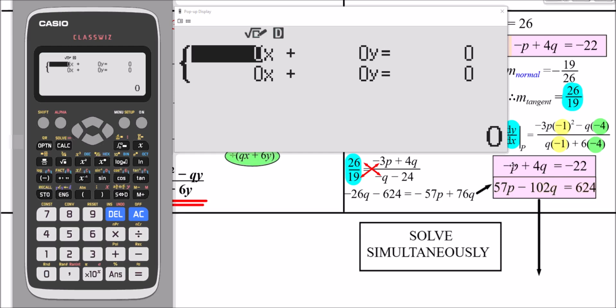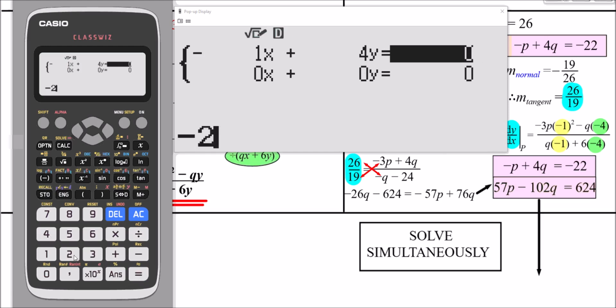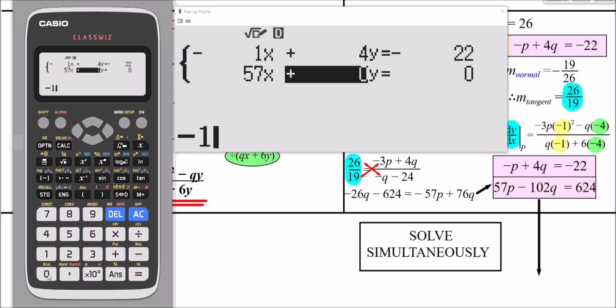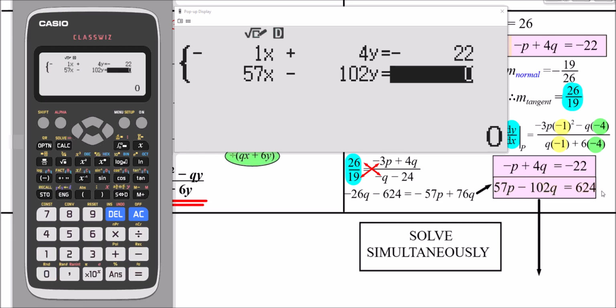So the first line is minus p, so that's minus 1 in terms of x. So if I type in minus 1, minus 1x, minus 1p. Then plus 4q, so I put the 4 for the second variable, and that equals minus 22. The next one, 57p, so type in 57x, minus 102q, so type in minus 102 for y, and that equals 624.